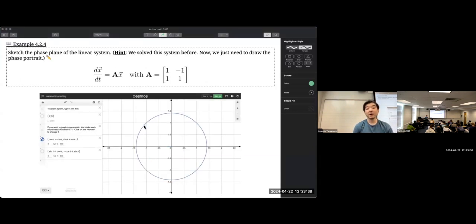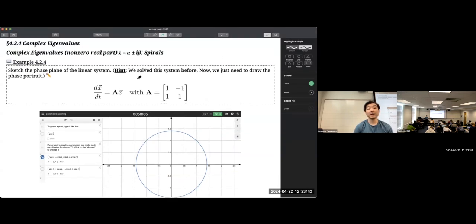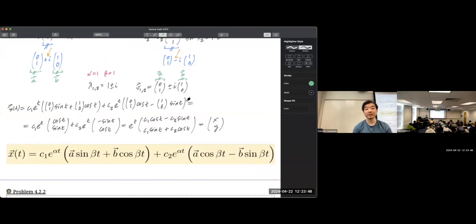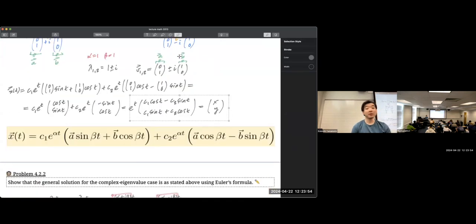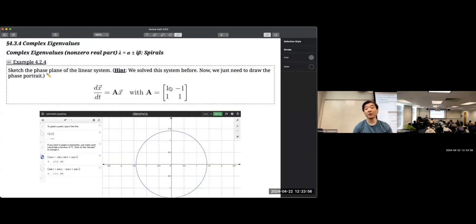So let's look at how we would draw exactly the one we just did. Let me just copy and paste. So we got this, right? This is just the same, right? 1, -1, 1, 1. So why don't we draw 1, -1, 1, 1? We know the solution is this right here. So let's draw this.